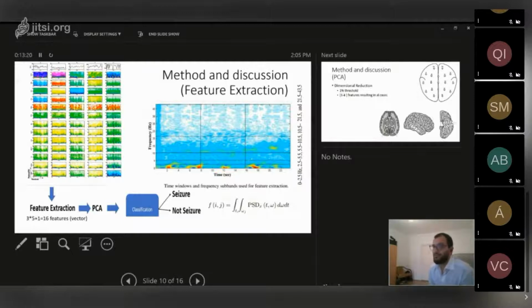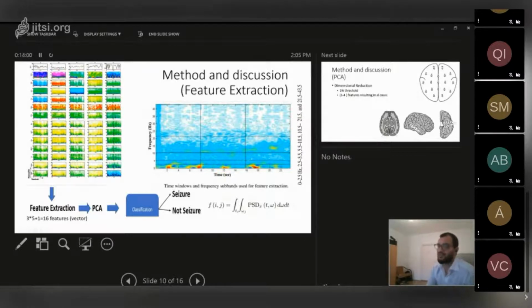For feature extraction here, they consider three partitions over time with equal size for each segment, and over frequency 5 partitions, which I mentioned here. So there are 5 for each time window. It goes 5, 10, and 15 features, and one feature is calculated for the whole segment with this formula.